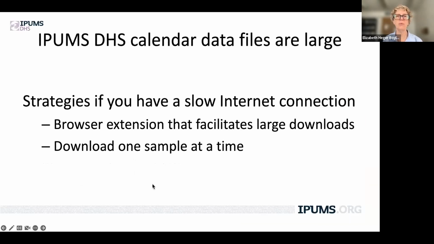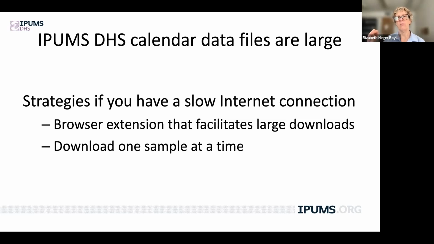Another consideration when you're using IPUMS DHS calendar data is that these are very large files because every woman now has 60 rows. And so we have some recommendations. If you have a slow internet connection and you think it might be difficult to download very large files, one thing is that there are free browser extensions out there that facilitate large downloads.